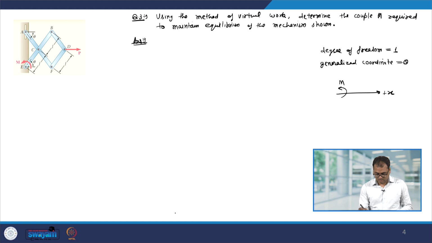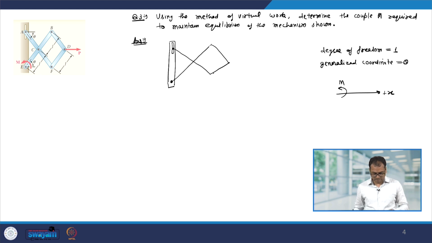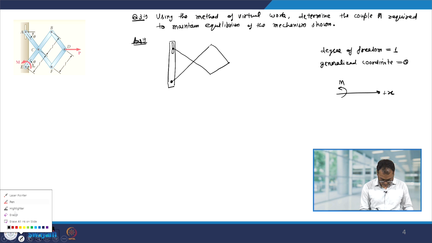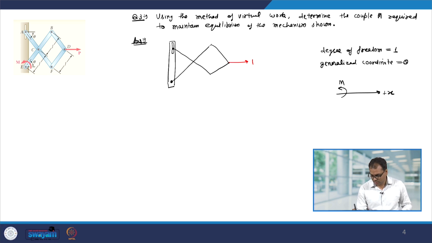Now, let me draw the system. So, we have a pin joint here, and then here we have some kind of slot, and we have the link like this, and you apply a force P, this angle is given as theta, and the moment m is applied to keep this thing in equilibrium.